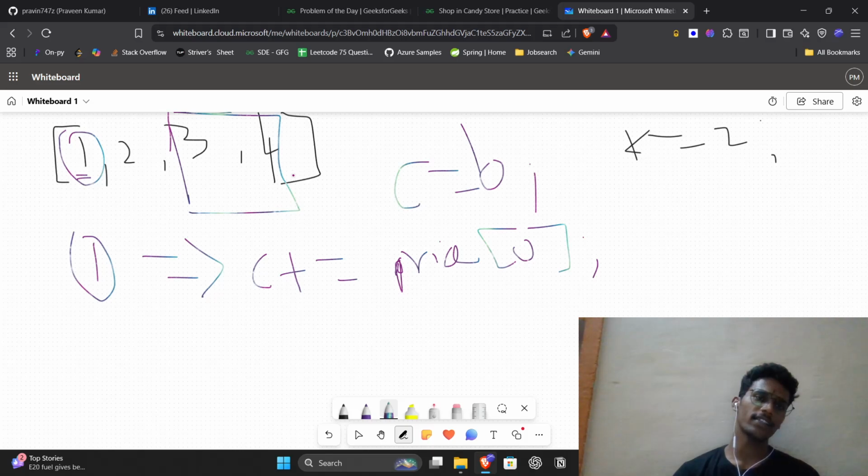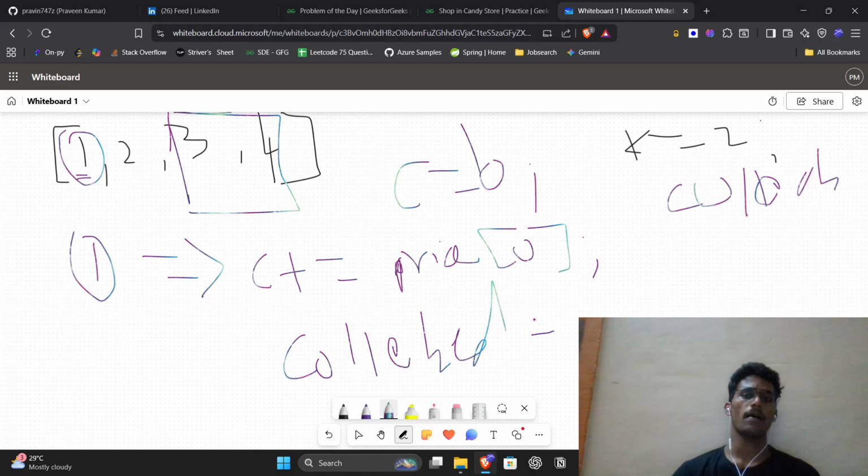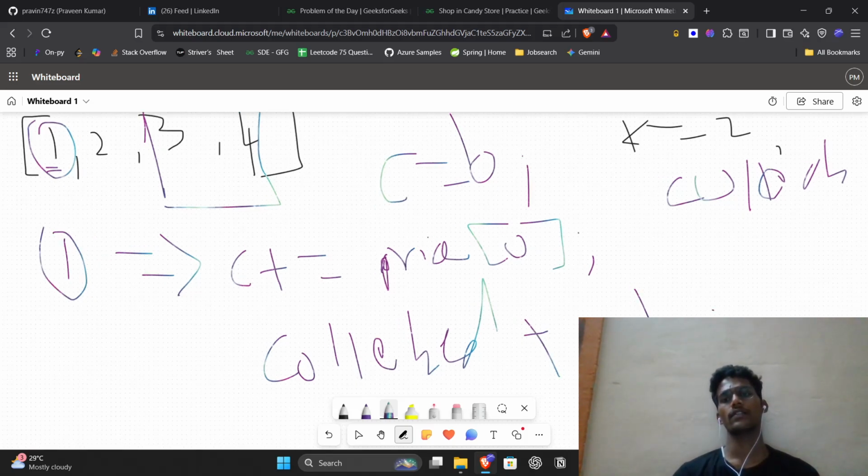I get these two candies for free, so the pointer is now reduced to 2. I mean the collected. C refers to the cost and collect refers to the collected candies, and I just add collected plus equal to 1 since we have to necessarily purchase at least one candy to get K candies for free. That's it.